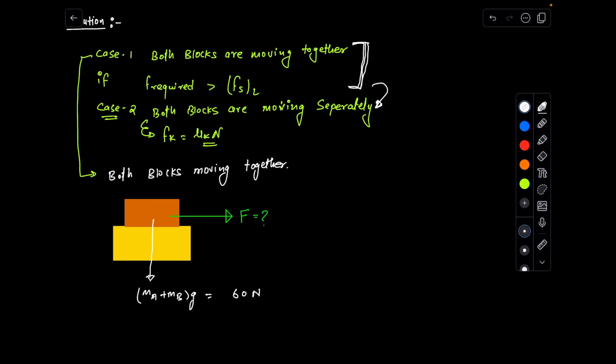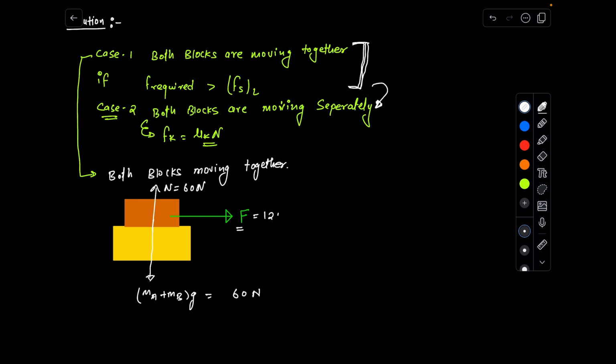Then the vertical normal will be 60 Newtons because it balances this force. There is no other force on the system except this force F, which in our second problem is 12 Newton.